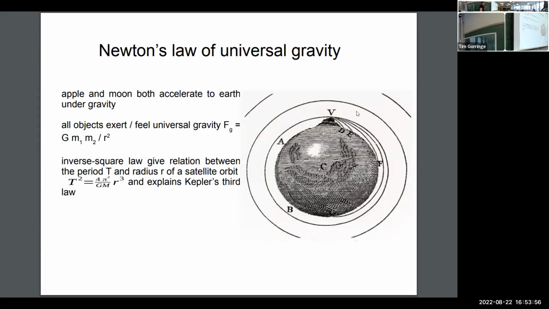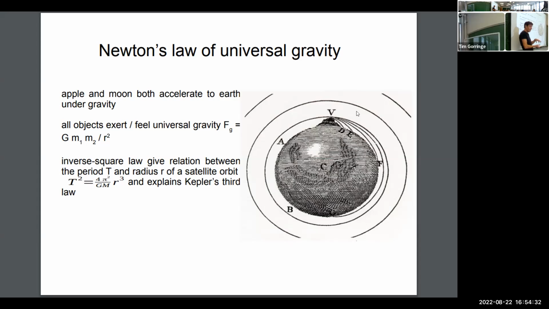In the homework assignment for the class, you're actually going to look at what came a little later, which is Newton's law of universal gravity. What Newton recognized was that if you drop a terrestrial object, an apple, towards the Earth, it's the same force of gravity pulling it towards the Earth that's causing the moon, as it orbits the Earth, to accelerate towards the Earth.